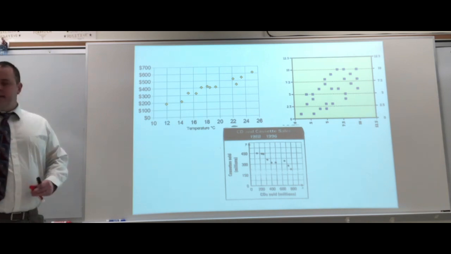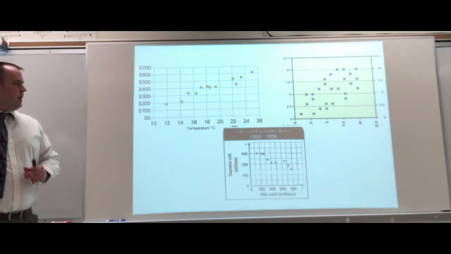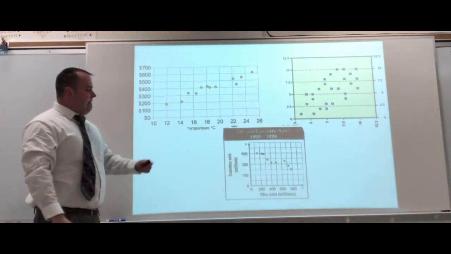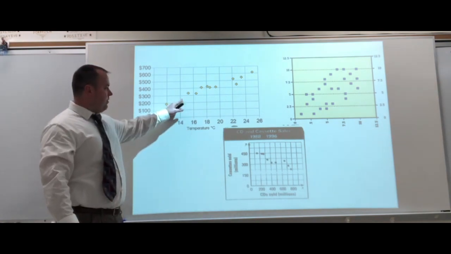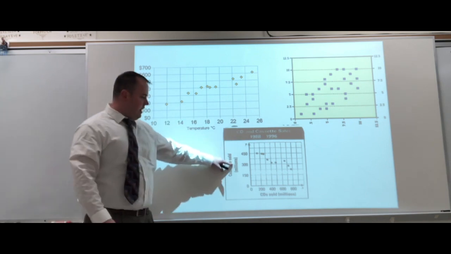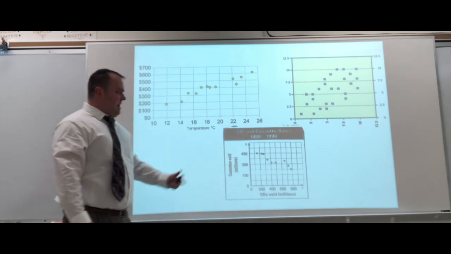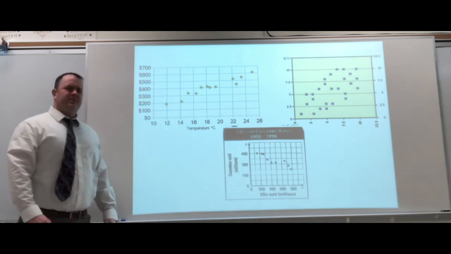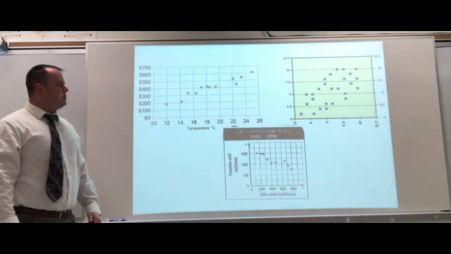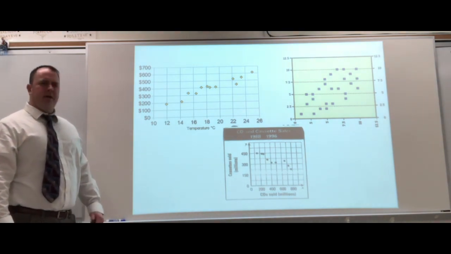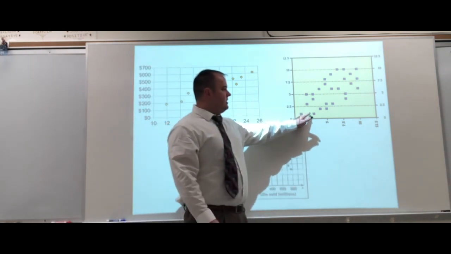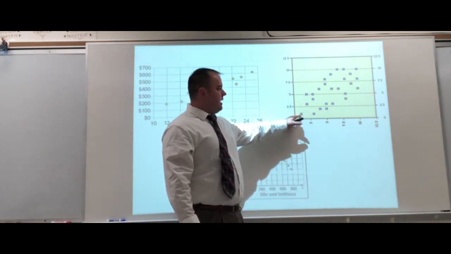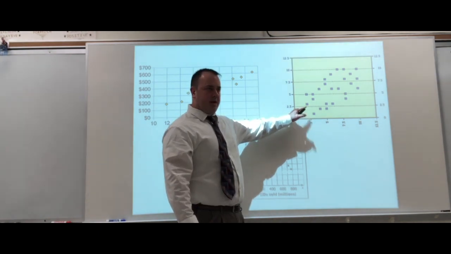Now, you're really going to have to take a look at these when you're drawing lines of best fit, and think about how strong a relationship it is, and take your time. For the graph with the temperature and ice cream and the graph with the CDs and the cassettes, everyone's line of best fit is going to be pretty accurate. Those are pretty strong relationships, so everyone's going to have about the same line of best fit. Looking at this one over here, it's a little more spread out.